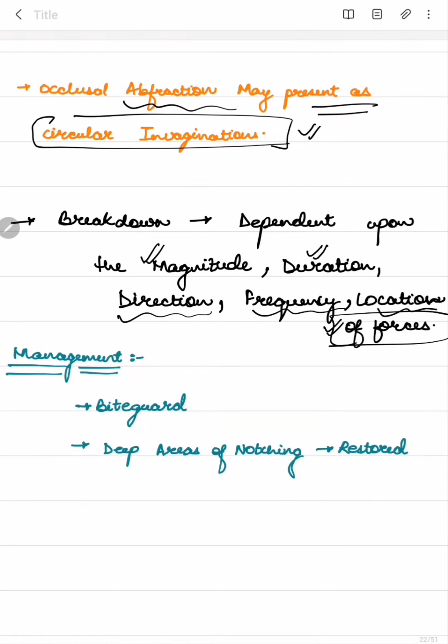So the clinical picture of abfraction may vary from a small lesion to a very deep wedge-shaped lesion at the cervical area of the clinical crown basically, right? Now the management part. So patient is advised to wear bite guards in order to protect the tooth structure from abnormal occlusal forces, right? And deep areas of notching can be restored, right?